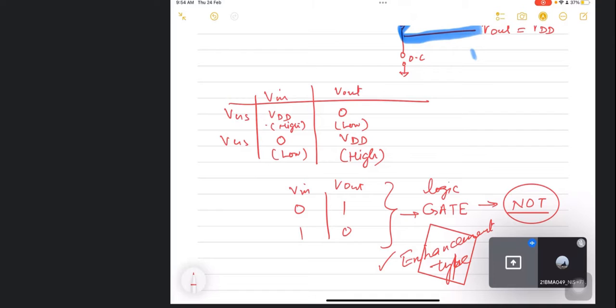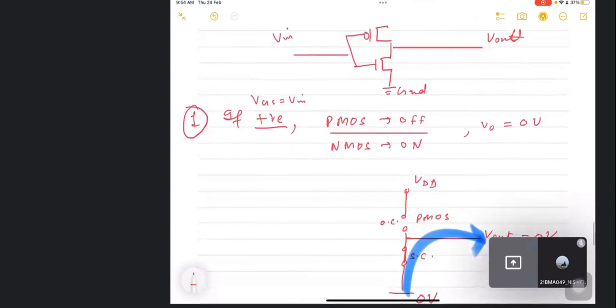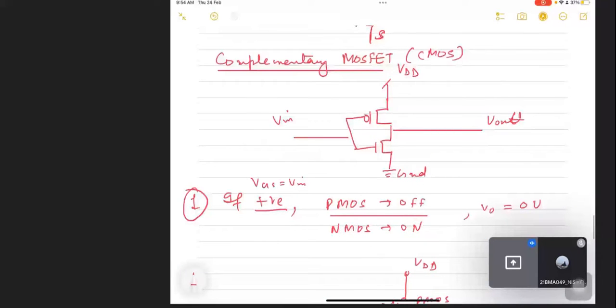With the enhancement type, at VGS equal to 0, there is no channel. And if we apply the VGS, then accordingly PMOS or NMOS are on or off. So that's why they are complementing each other.